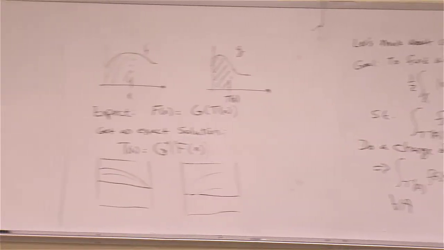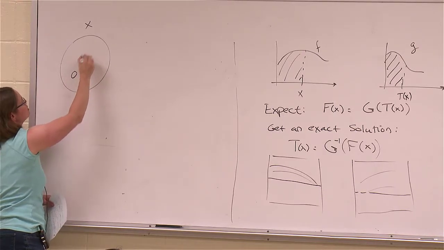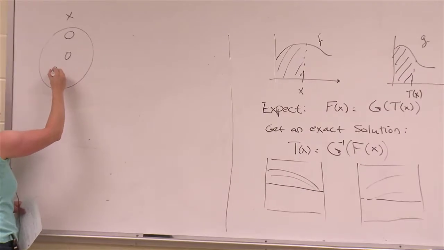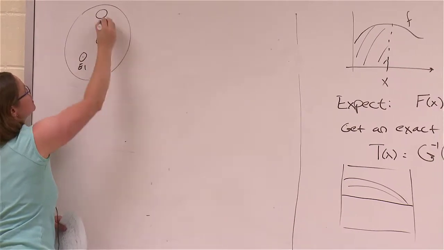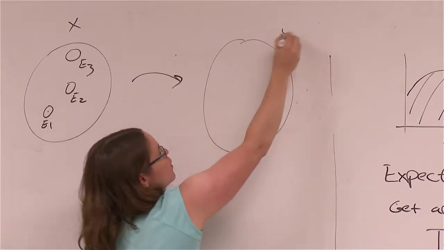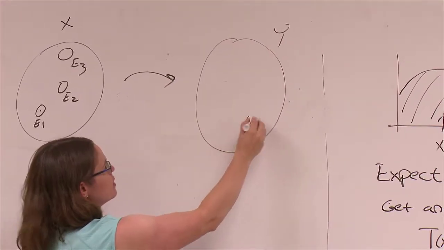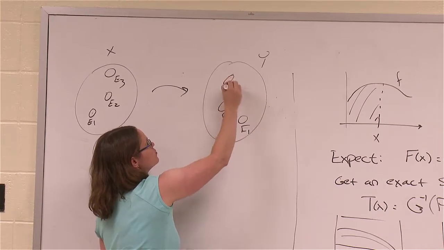We have these little balls, E1, E2, E3, and they get mapped somewhere. Let's call it F1, F2, F3.